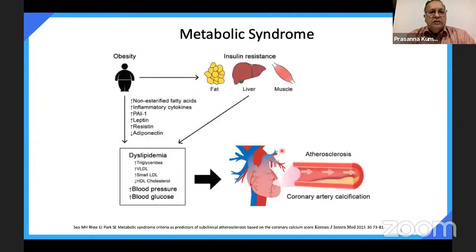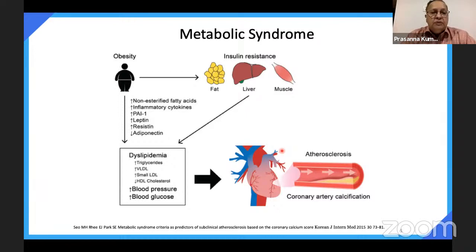As we already said, metabolic syndrome is a syndrome complex comprising insulin resistance, obesity, and dyslipidemia. Ultimately, this metabolic syndrome leads to increased risk of coronary artery disease or atherosclerosis. The insulin resistance, as you see, is in the muscle, in the liver, and the fat. The more fat a person has, the more increased insulin resistance.